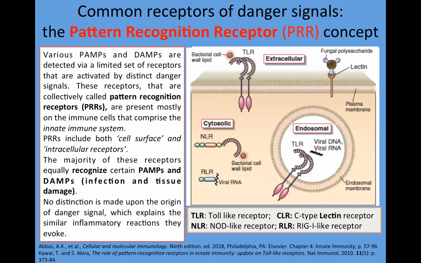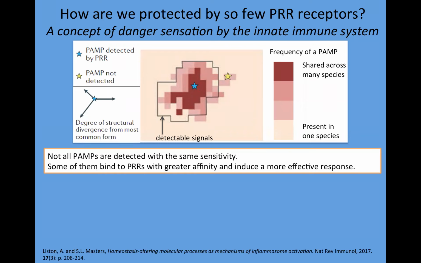The question arose afterwards that how can so few receptors detect everything? So if you compare it to the adaptive immune system, the innate immune system works with very few receptors. Only a handful of them is present, which can detect so many signals. So how does it work?